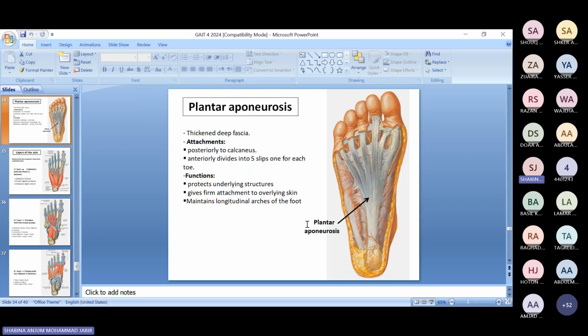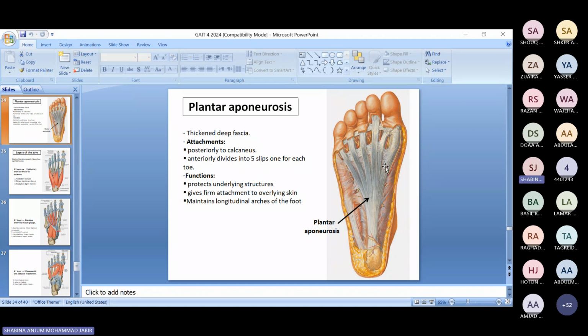So this is all about the muscles of the leg region. Now we have the muscles of the foot. If you do dissection of the foot, even if you try to pinch the skin of the foot, you will see that below the skin you cannot directly feel muscles. You will feel it is thick. Why? Because we have the deep plantar aponeurosis, which is a deep fascia.